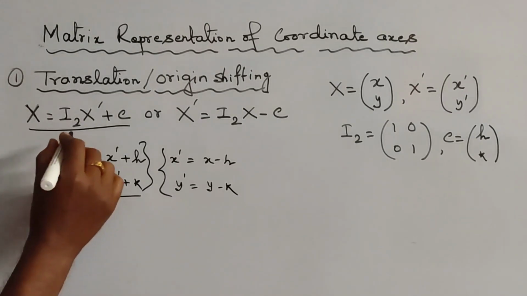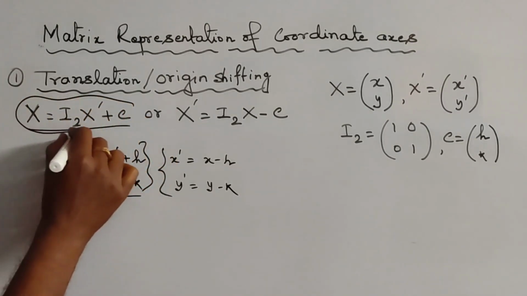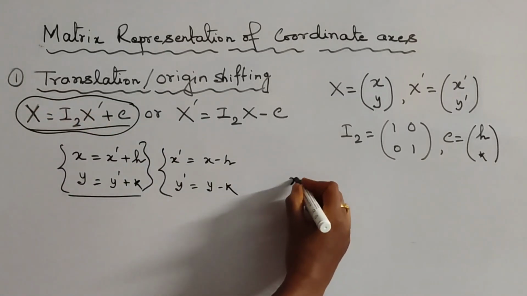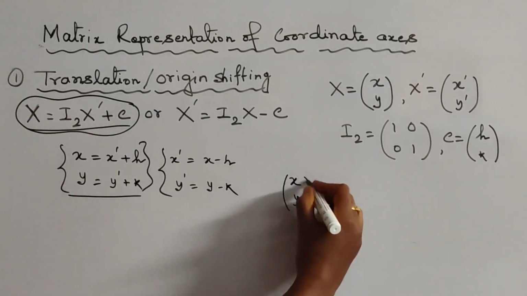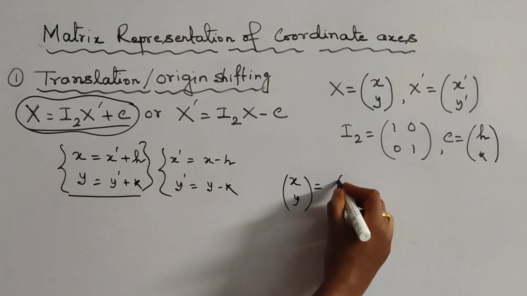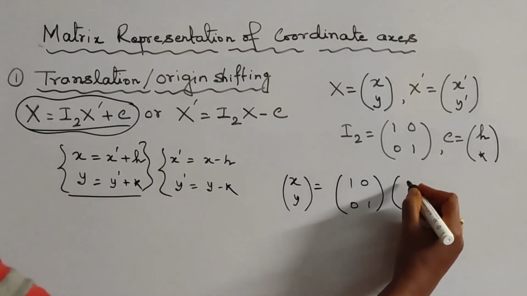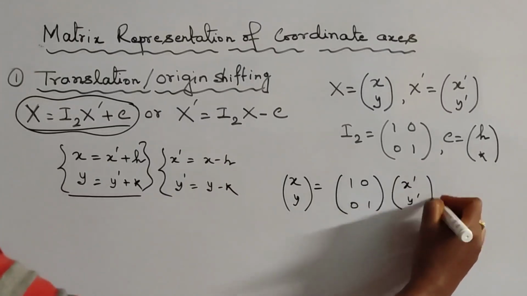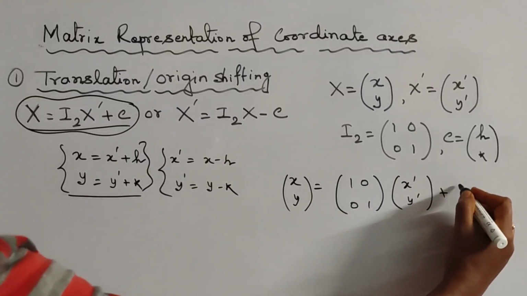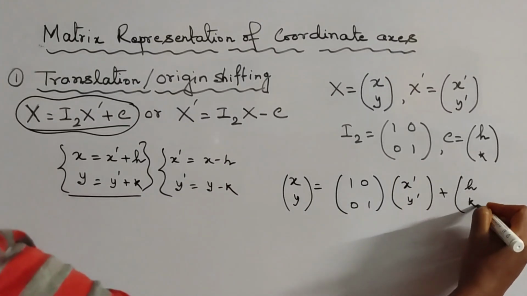Now if we expand this result, x y is equal to 1 0 0 1 times x dash y dash plus C, meaning h k.